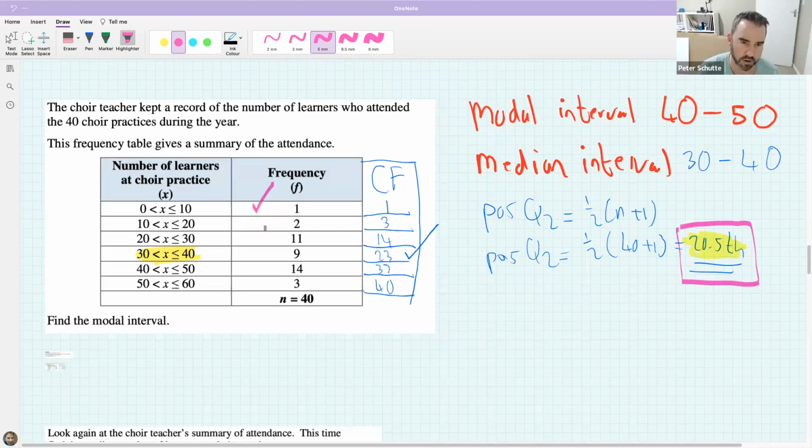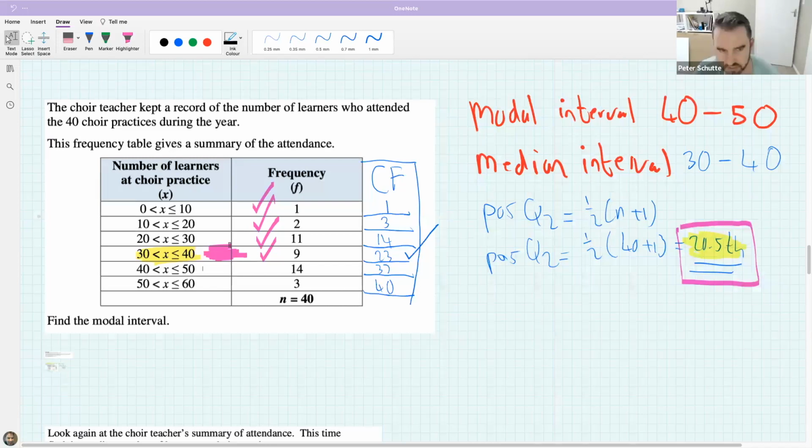If I add 1 plus 2, I'm now 3 items through the data. If I add 11 to 3, I get 14. So now I'm 14 items through the data. Now I add 14 plus 9. Oh my goodness, I've got to 23, which means I can't go any further. I've got to the interval that must have the median. And so that's why the median must fall in that interval.